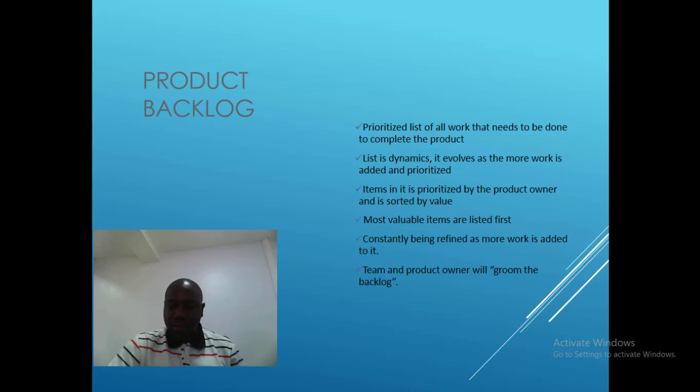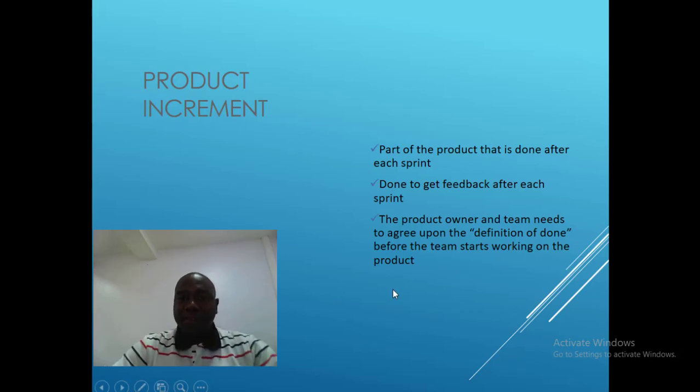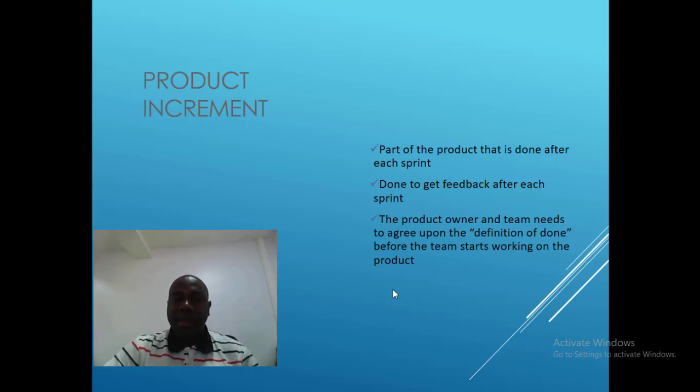All right. So product increment, part of the product that is done after each sprint. After each sprint, it is expected that a portion of a product or a project is delivered. It is done to get feedback after each sprint.